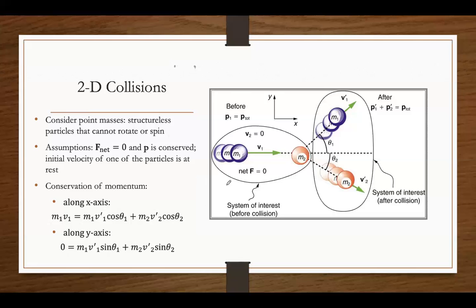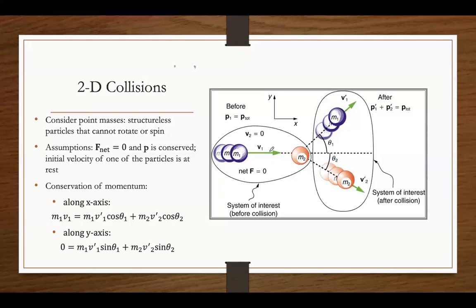We are going to look at this diagram here, and we're going to come up with a couple of equations that can describe the motion in the X and in the Y directions with momentum.